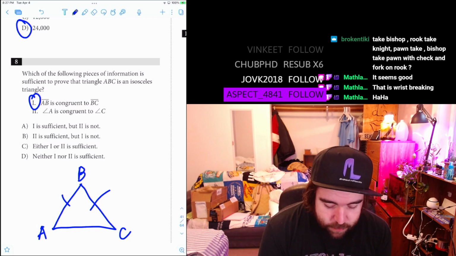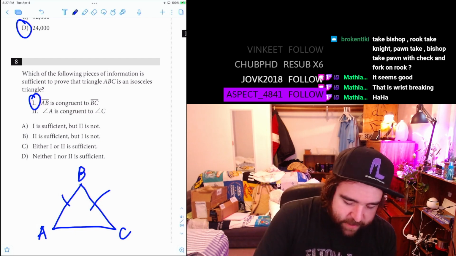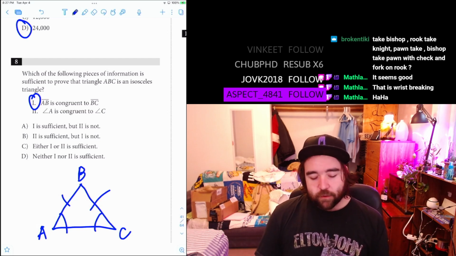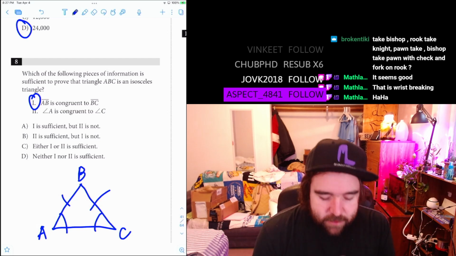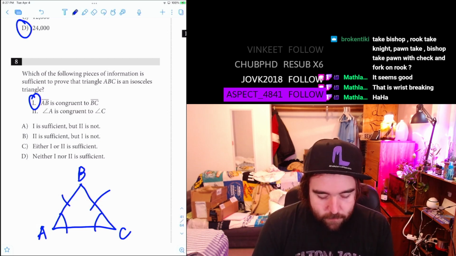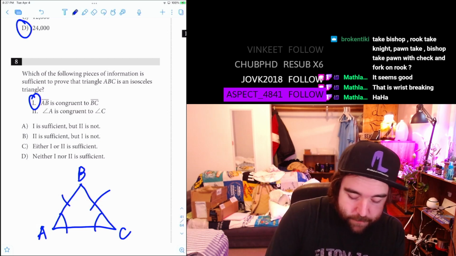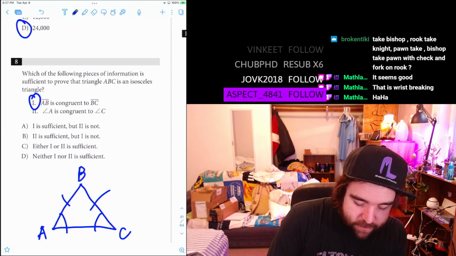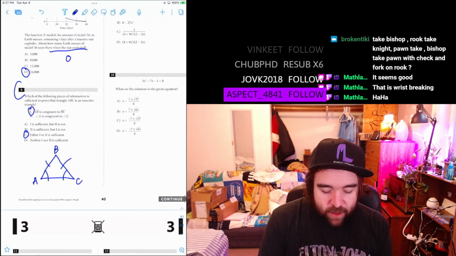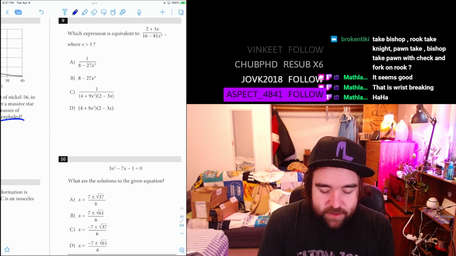But also, if those two angles are congruent, that by definition makes it isosceles, right? Congruent angles mean you have the same side lengths, and the same side lengths means it's isosceles. So, yeah, both of those work. Both are sufficient. Either is sufficient. Because if triangles have the same angles, they also have to have the same side lengths.